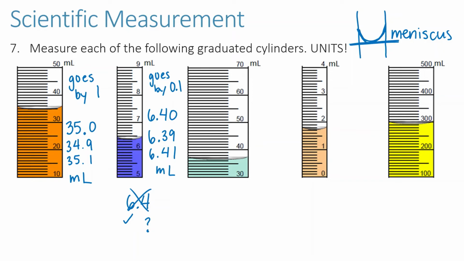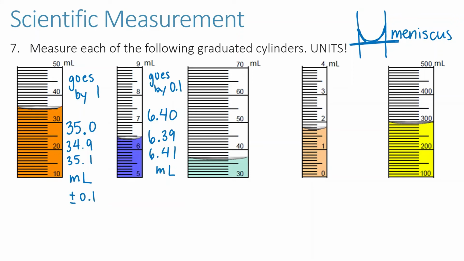That would be this type of graduated cylinder. So if you told me 6.4, I would know that you were using a less precise graduated cylinder. When we're talking about precision, all of these numbers here are different by plus or minus 0.1.